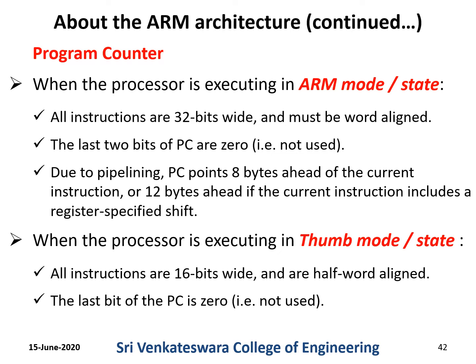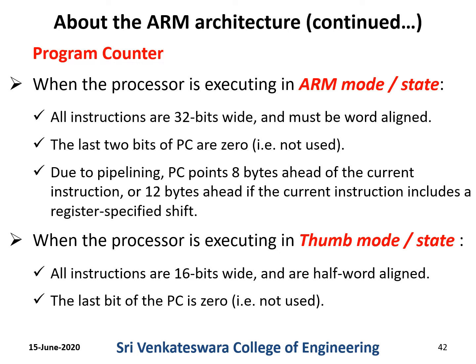Also, every instruction that is fetched from the memory is 32 bits in size. So when the program counter points to a particular location, that address is actually a multiple of 4. So for such addresses, the least significant 2 bits in the program counter will always be 0.